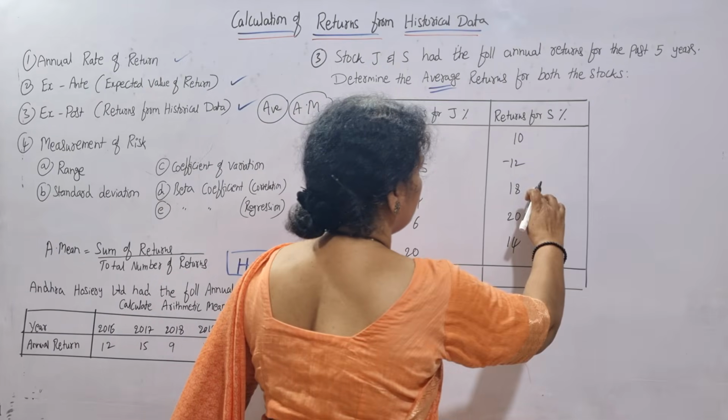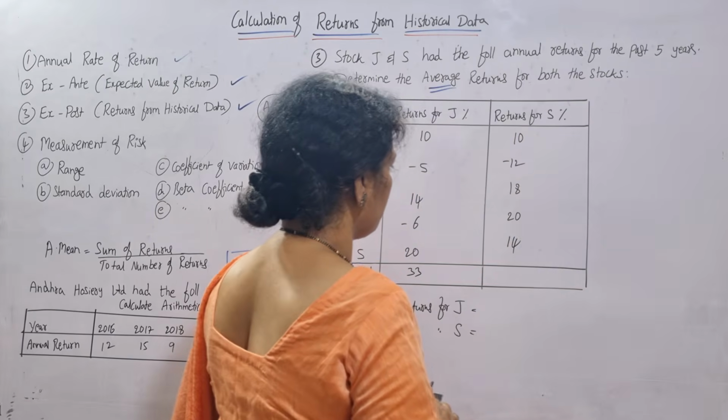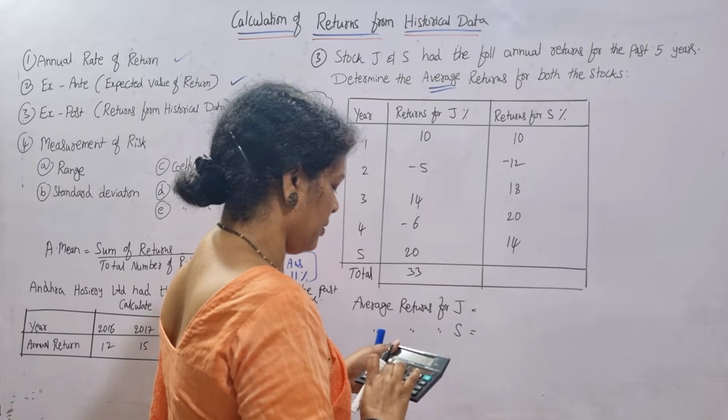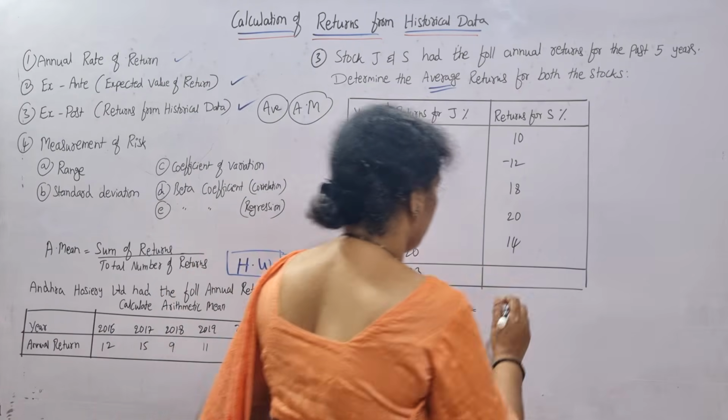In the same way this one also. If you see, 28 plus, 34 minus 12, this is 50.